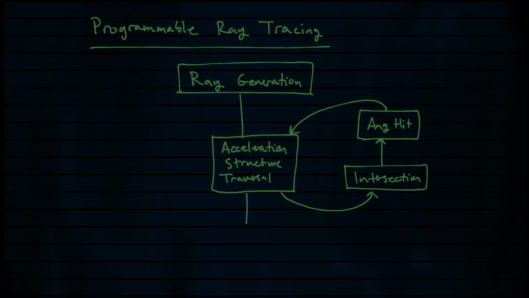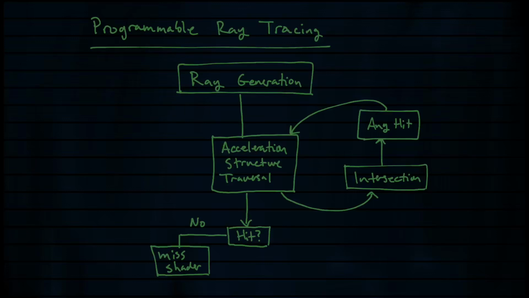The next thing is, as we're checking for intersections, we're asking the question, well, did we get a hit? If we did not get a hit, then we will want to call a miss shader. In other words, maybe this could be our sky model or something.